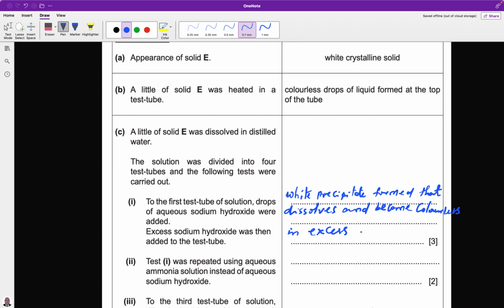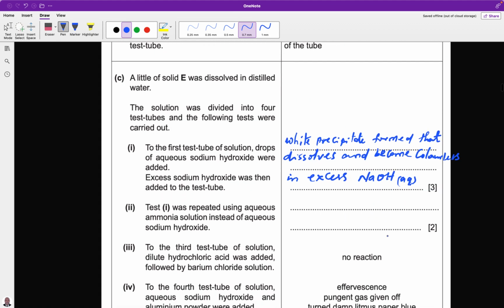So, the observation will be white precipitate formed that dissolves and becomes colorless in excess sodium hydroxide.